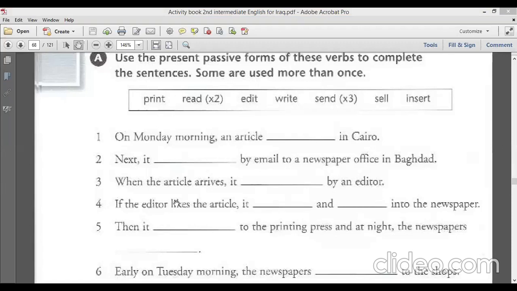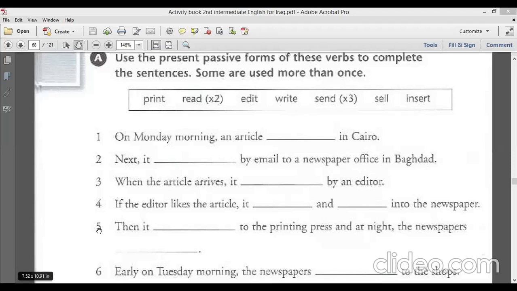When the article arrives, it's by an editor. No, number 3 is what? Number 3 is, yes, is read by an editor. And the other one, Dalal, which is if the editor likes the article, it is edited and inserted into the newspaper.